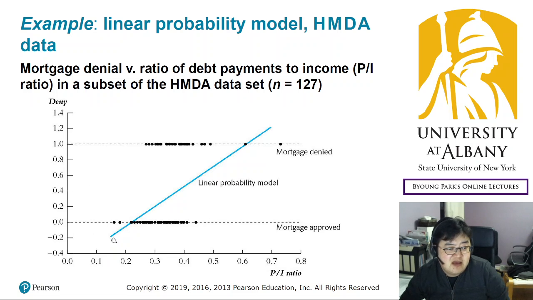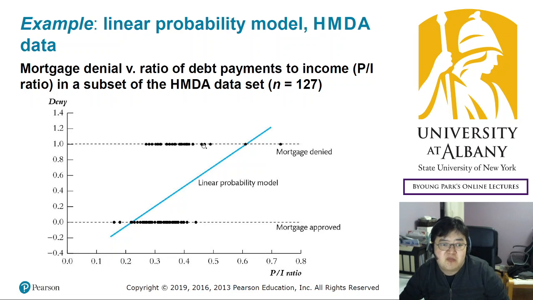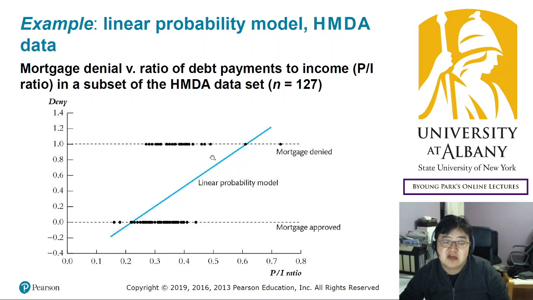The approved mortgage applications are on the lower side of the PI ratio. As I said, lower side means they are more likely to pay regularly, less likely to go bankrupt, and denied applications are more likely to be on the higher side of the PI ratio. Their payment takes a larger part of their income.